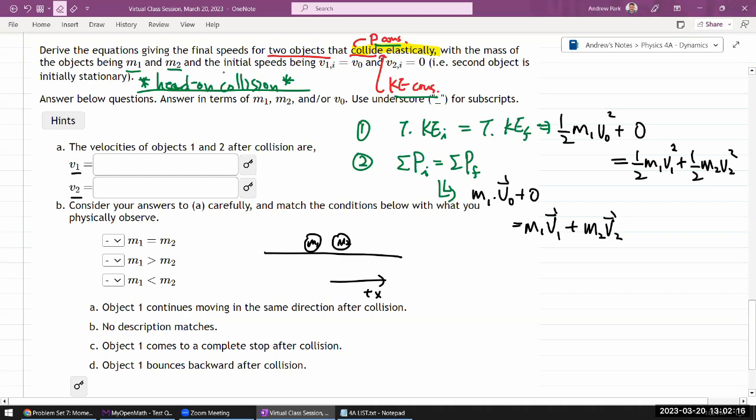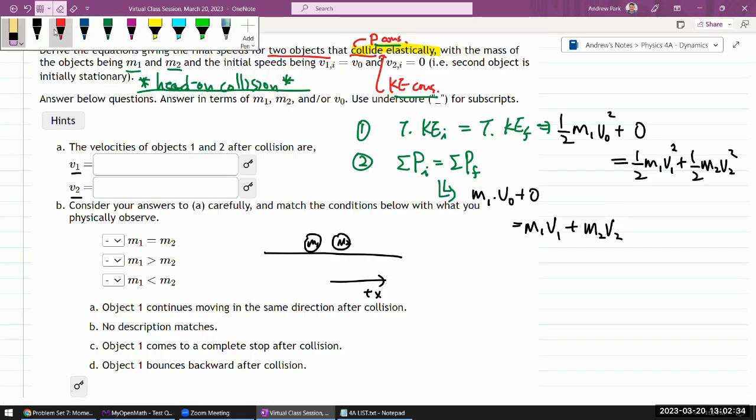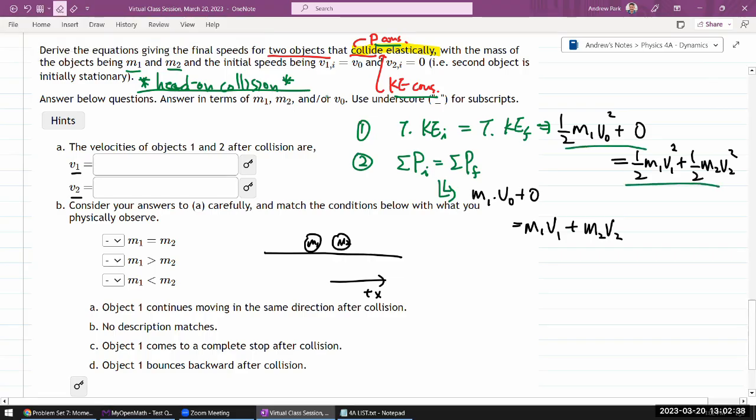If one or both of these quantities end up being negative, the solution tells me one of them is bouncing backward. So I'm just not going to include the signs in my equation. And you will see me start to do that with some of the more formalistic equations. Conservation law equations are the first of those equations where you will see me doing that.